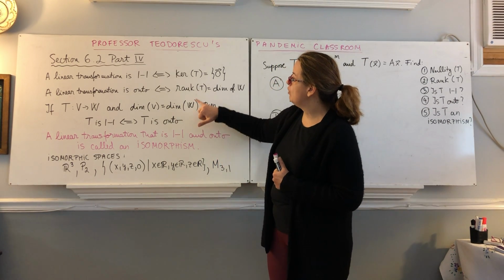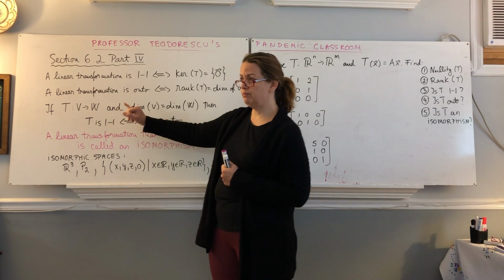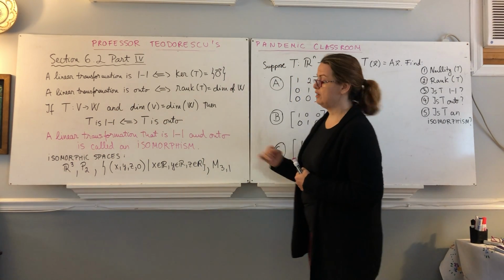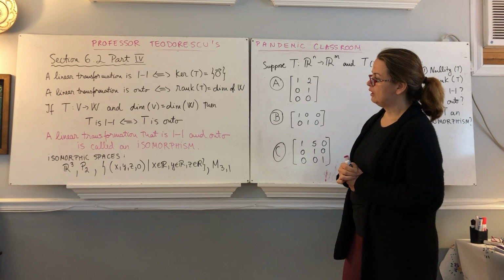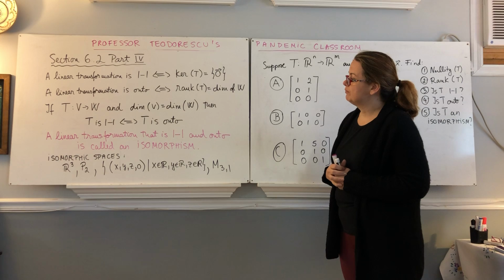Then the conditions of 1 to 1 and onto are equivalent. So the matrix can only be 1 to 1 if it's onto and the other way around. So things are a little bit simplified for square matrices there.